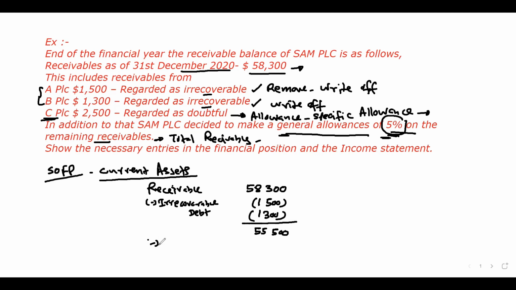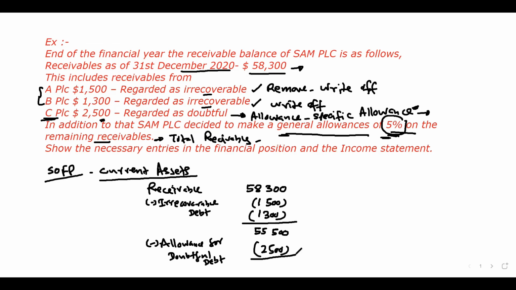Then from this 55,500, we have a specific allowance of 2,500. So you can say this is allowance for doubtful debt, 2,500.